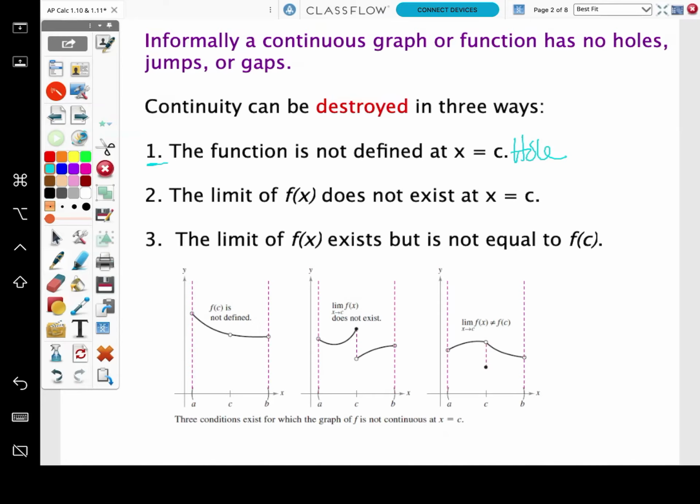So that's kind of this jump here. And then the other thing was the limit exists but is not equal to f of c. So we have different things going on here. None of them were an asymptote, but that is one of the types of discontinuities that we will focus on later. This section does focus on holes and jumps.